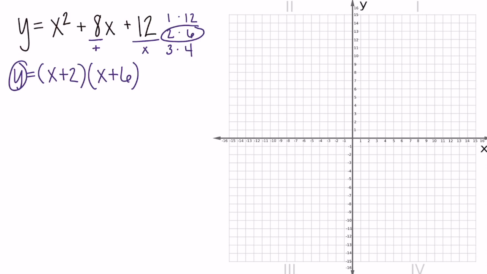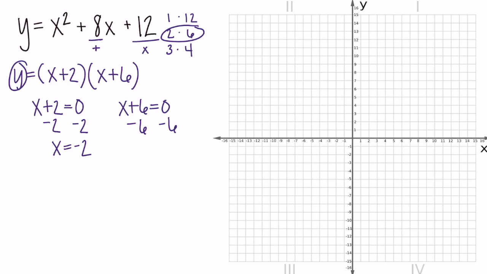So I'll set my first one equal to 0, my second one equal to 0, and then solve for x. So I have my 2 x-intercepts at -2, 0, and -6, 0. So I'm going to go ahead and graph my x-intercepts.